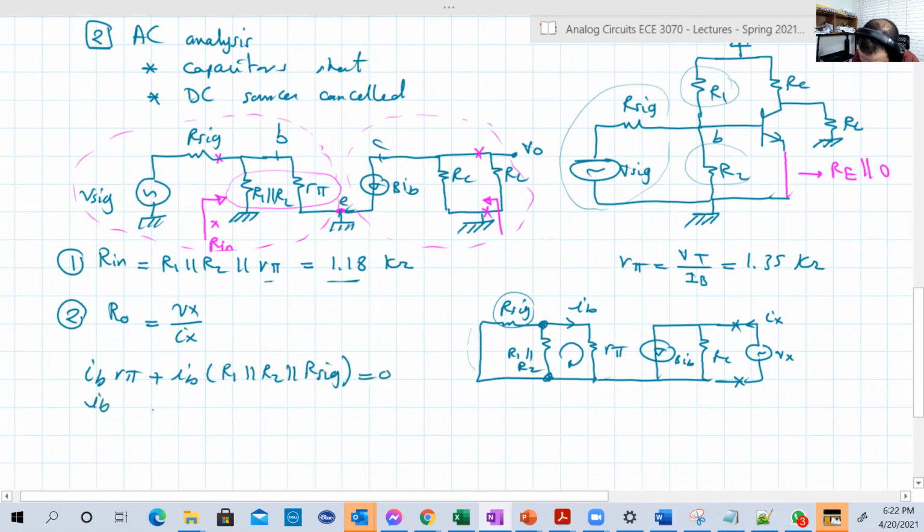So either IB is equal to 0 or R pi plus R1 parallel R2 parallel R signal is equal to 0. Of course, that doesn't equal 0 because R pi is not 0, R1 and R2 are not 0, R signal is not 0. So the only option is that IB is equal to 0. So basically, this is an open circuit. If we look from these two points, we find only RC.